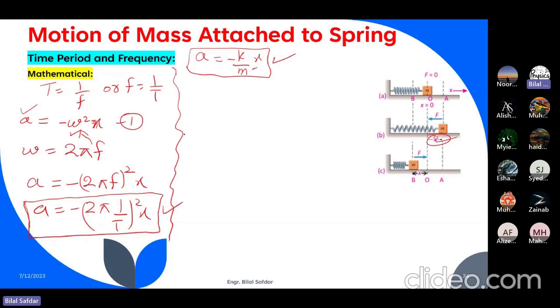We have to equate both these formulas, and we get minus k over m x is equal to minus 2 pi over t whole square x.